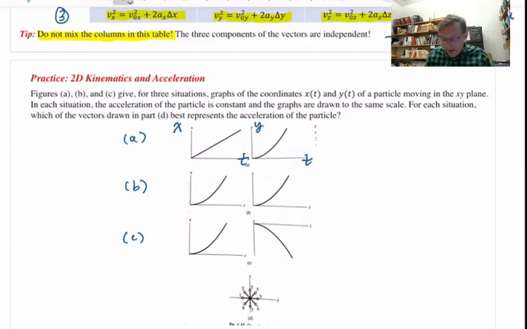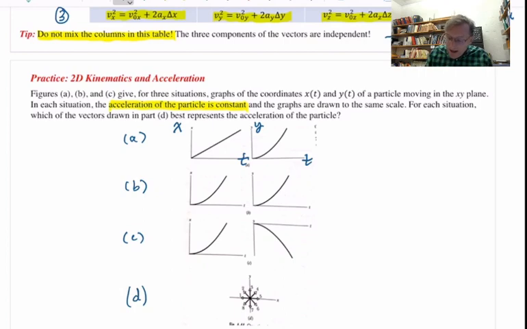It'll be the same kind of thing for B and C. In each of these 3 situations, shown by graphs A, B, and C, we have a particle that's moving with constant acceleration. The graphs are all drawn to scale just to help you visualize. And what we are to do for each situation, one at a time, is to decide which of the vectors shown in part D represents the acceleration vector of the particle.